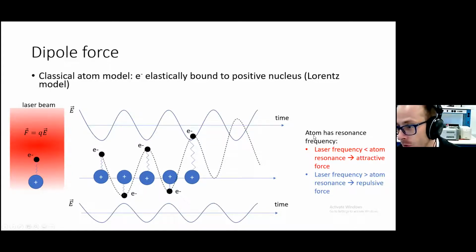And so that's why, depending on the laser frequency, if the laser frequency is smaller than the atom resonance frequency, you have an attractive force. And when the laser frequency is higher, you have a repulsive force. So you have really this wonderful degree of control over the trapping of the atom.